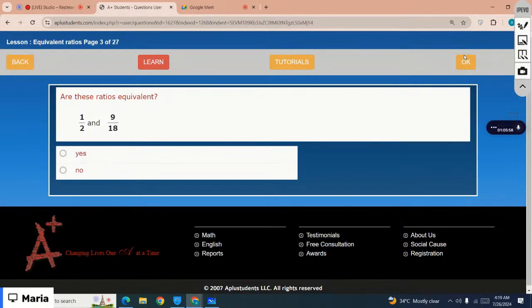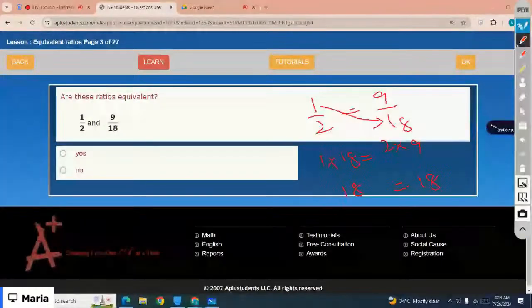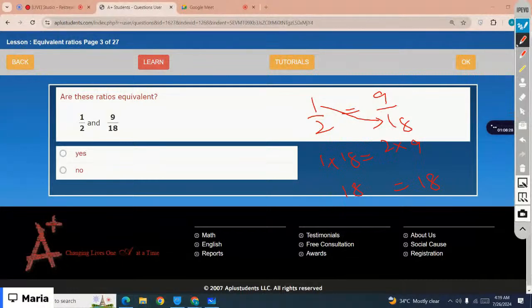Yes, they are equivalent. Use your notebook and pencil, right? Do not guess the answers. Just do cross multiplication: 1 times 18 and 2 times 9. Yes, they are equivalent, right? The correct option is yes.